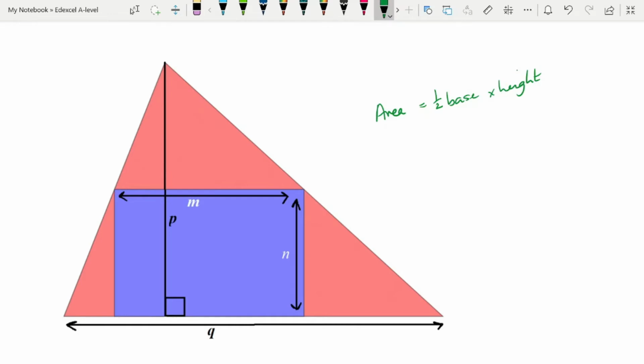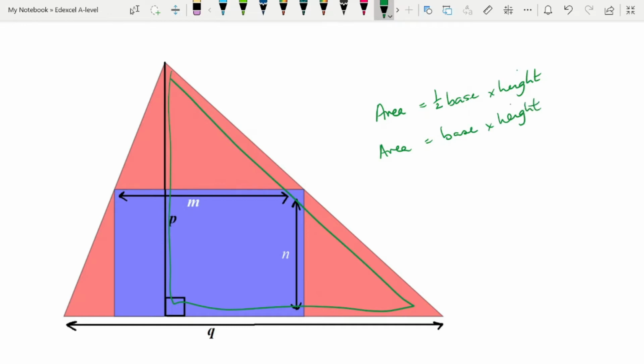We would divide that full pink triangle into two sections and work on half base times height. The area of a rectangle is just base times height. With this, you can pretty much do any area calculation.